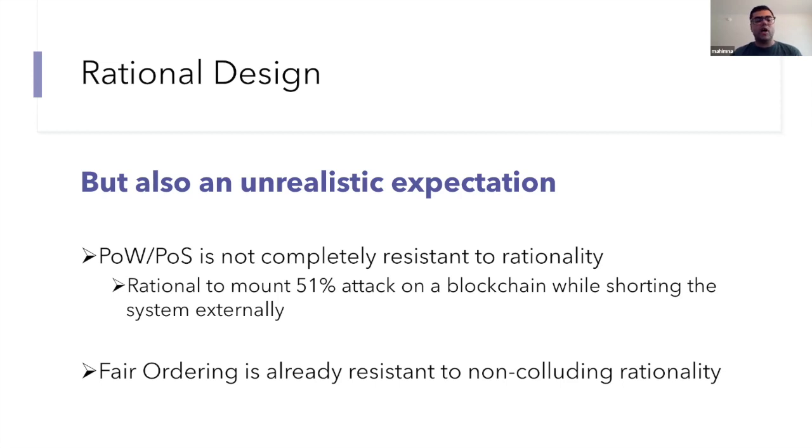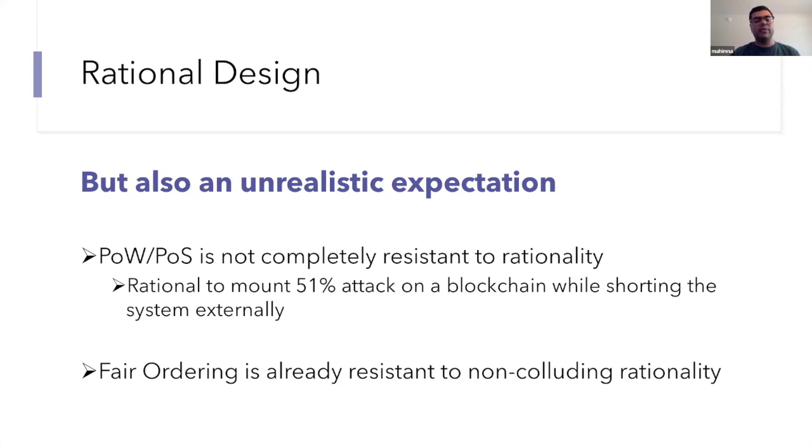all hope is not lost because fair ordering is somewhat already resistant to non-colluding rationality. To give you a very specific example, if you have all the miners being rational and trying to front-run the user's transaction on their own, without any collusion, they will try to insert their own profit-maximizing transaction before the user.